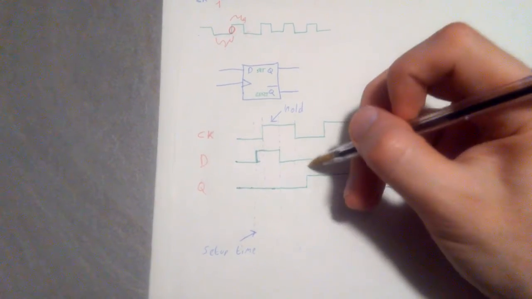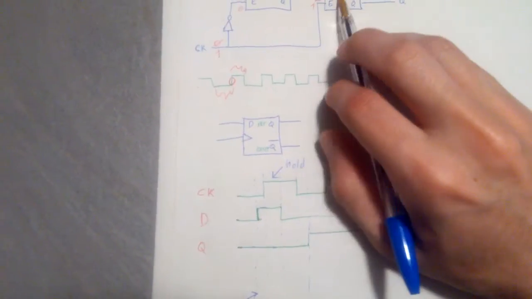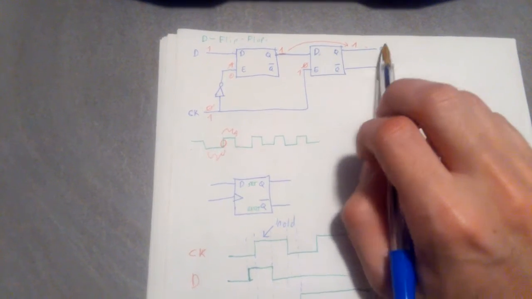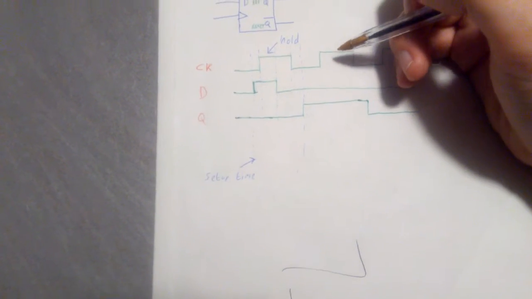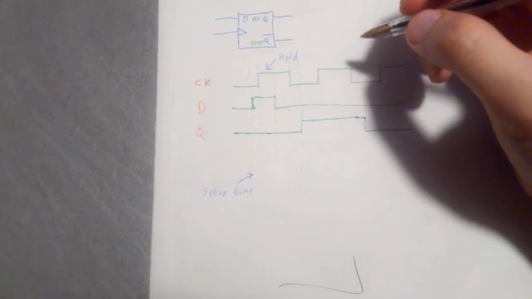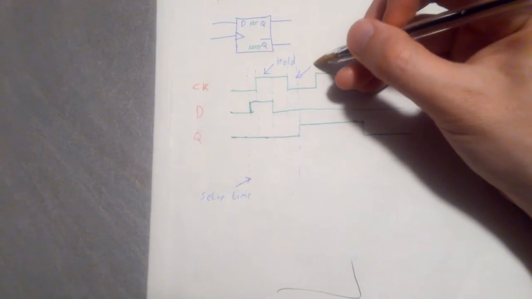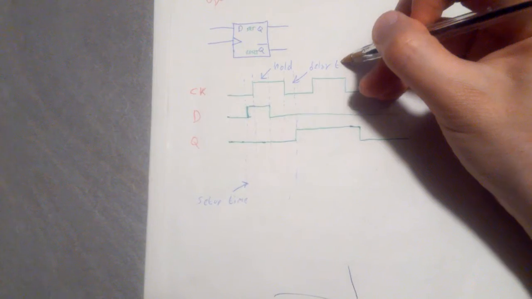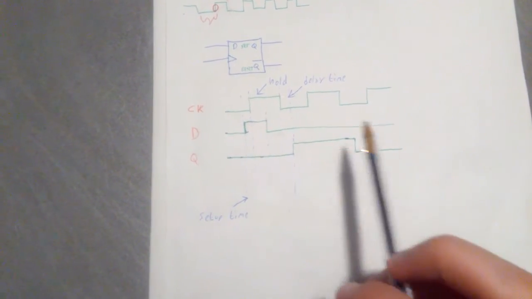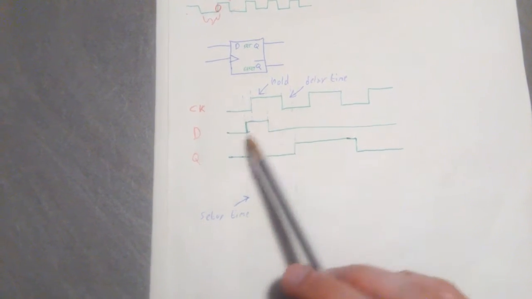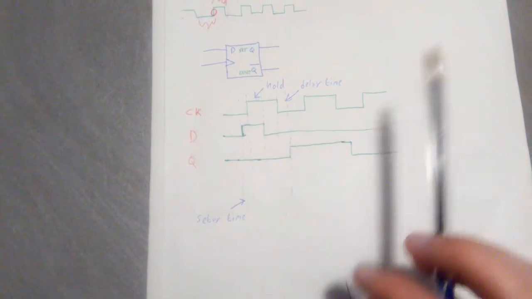From when this whole thing happened and when this other D latch finally got the output and we start to see something here, this one is called the delay time. There is a delay between when you get the input and the data with the clock, and when you start to see the output.